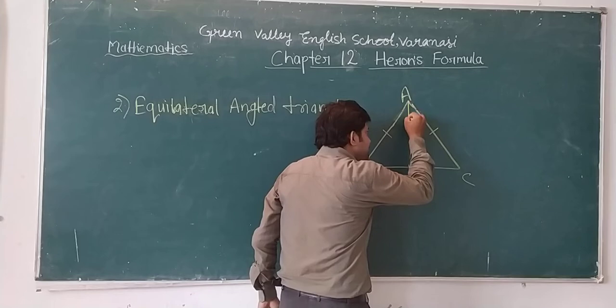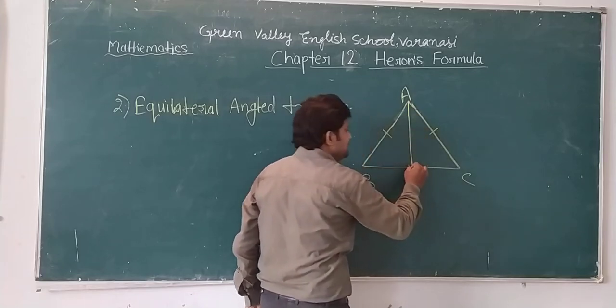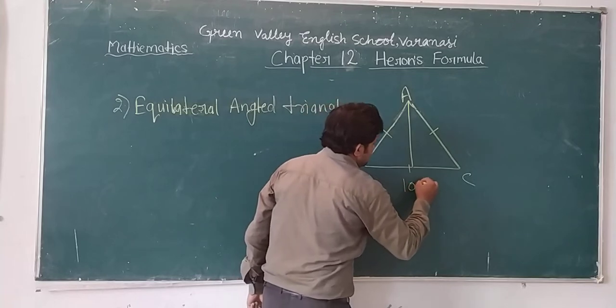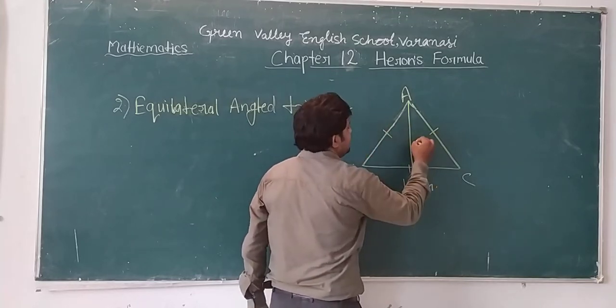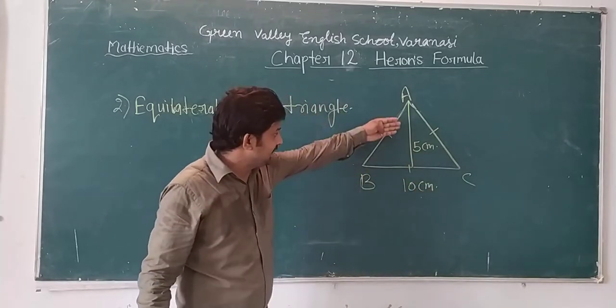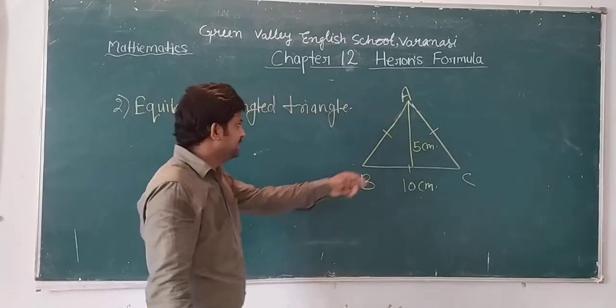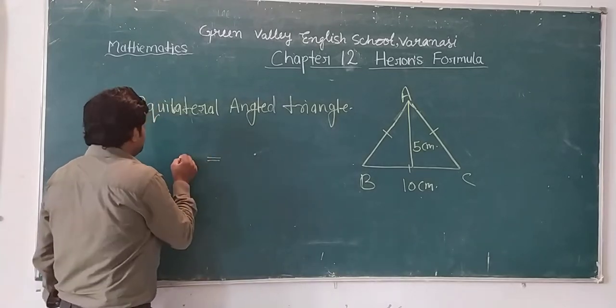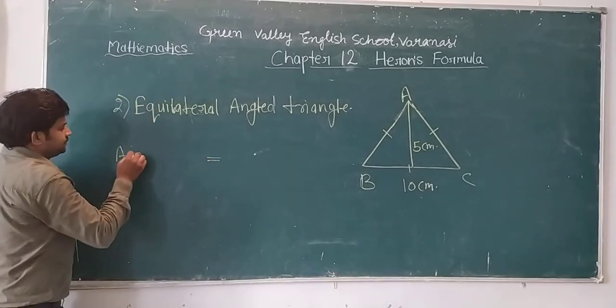When the height of this triangle is known, suppose BC is 10 centimeter and height is 5 centimeter, then we find the area of the equilateral triangle.